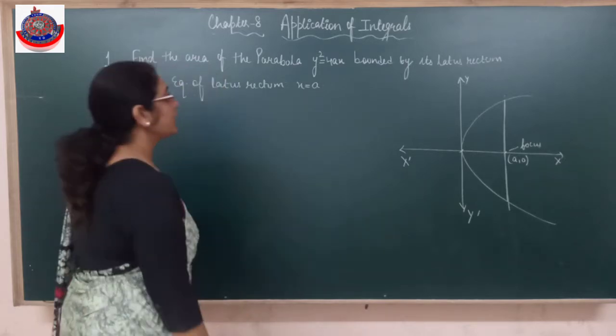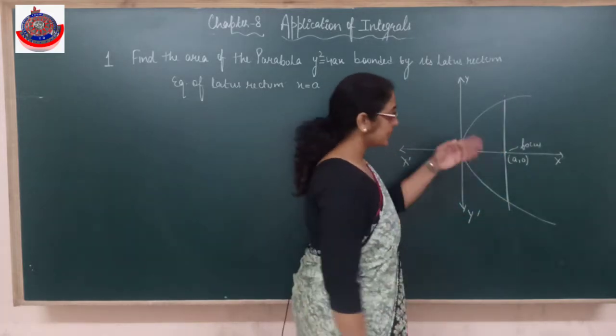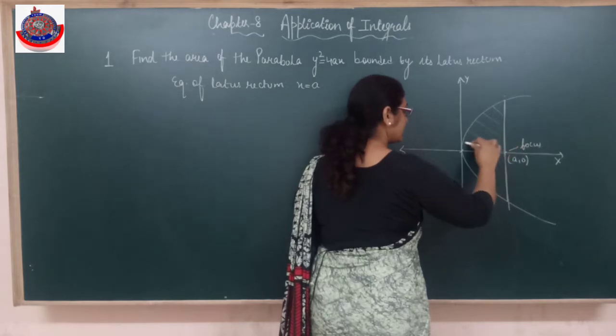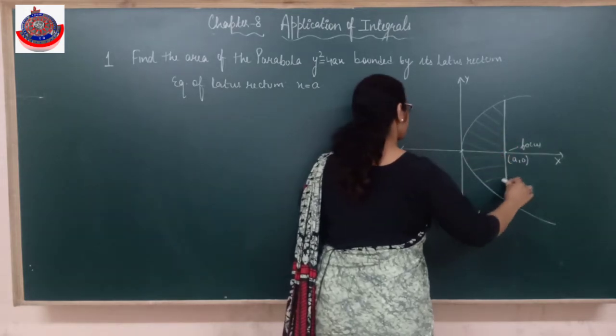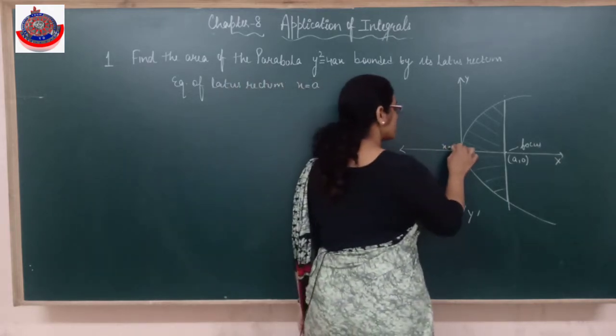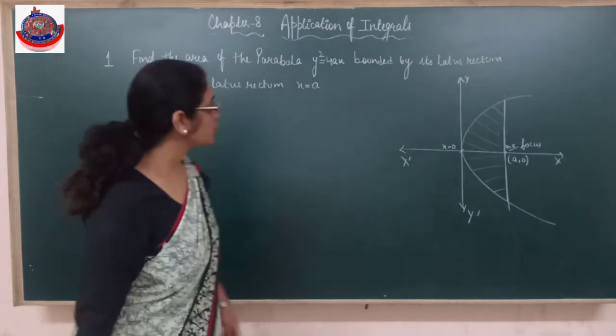Now I need to find out the area between the parabola and the latus rectum. Which is the area bounded between the parabola and the line, latus rectum? This is the area. I need to find this area. This is x is equals to 0. Here this is x is equals to a. So my limit is from 0 to a.